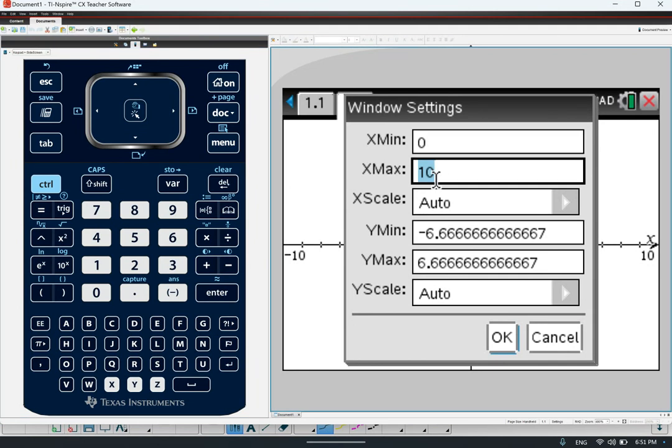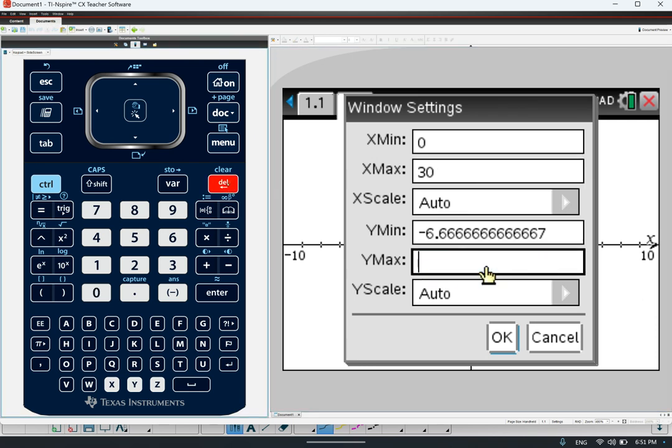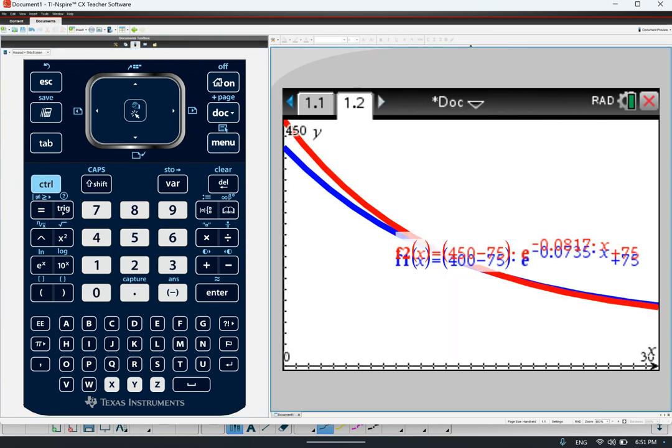And I would probably start off by making to the right 30. We may have to adjust that. I would leave Y-min negative 6.66, although really your temperature is not going to drop below 75. But I'm going to make this 450 because that's the highest it could go as far as the temperature. And I'm going to hit OK.